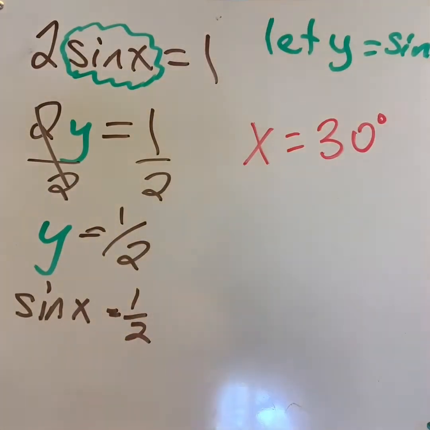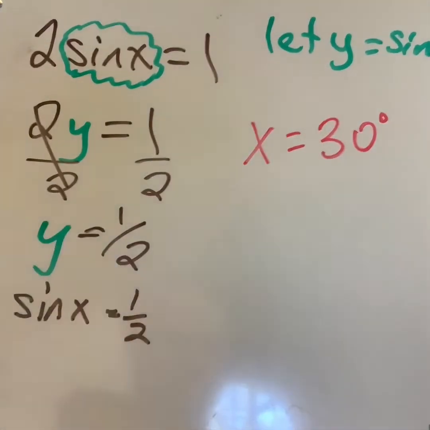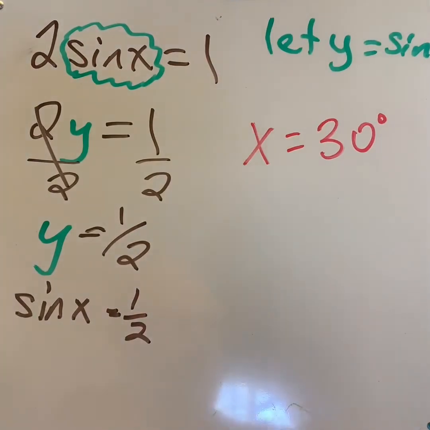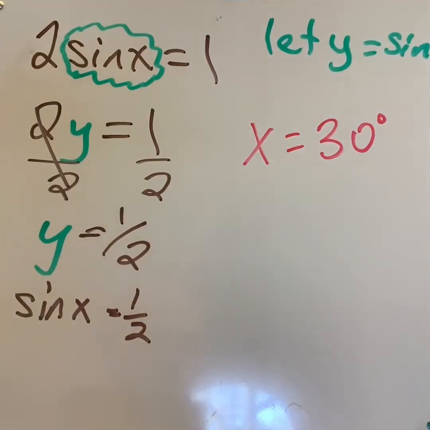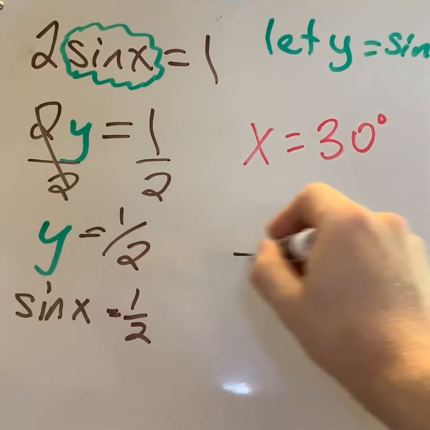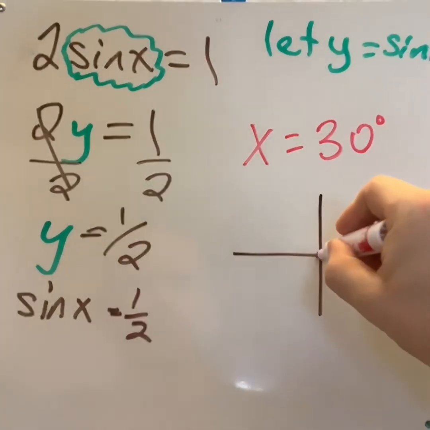But where is sine positive? We know sine is positive in quadrant 1 and quadrant 2, okay? We know because the question did say solve for all values of x between 0 and 360. So there's another angle too. We have a second quadrant angle whose reference angle is 30 degrees.